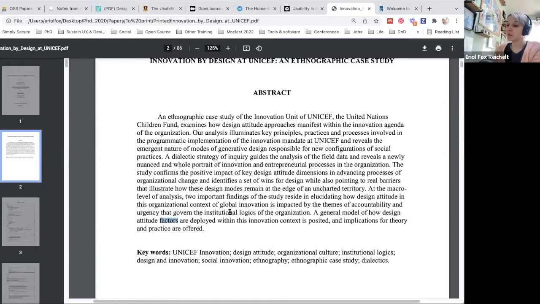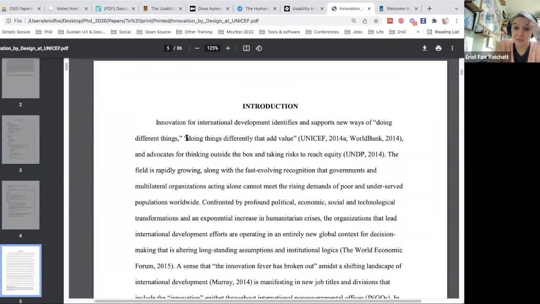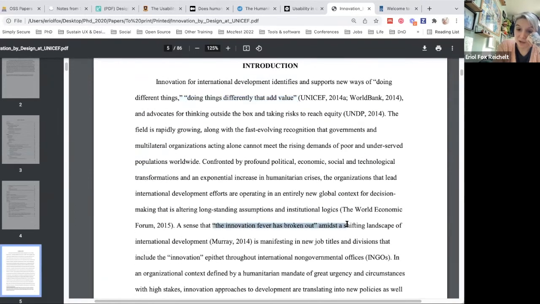Okay, so as we move into the introduction of this case study, there are a couple of things that I've highlighted. So doing different things and doing things differently that add value, around thinking outside the box and rapidly growing. And then there's some of these comments about how innovation fever has broken out.